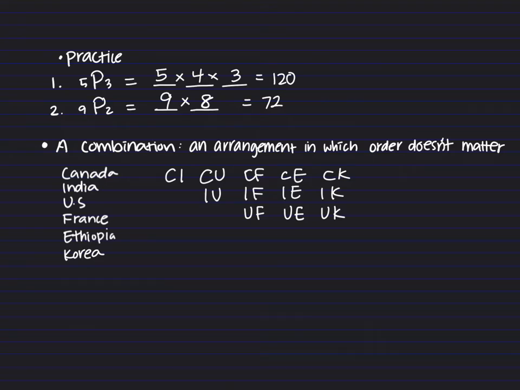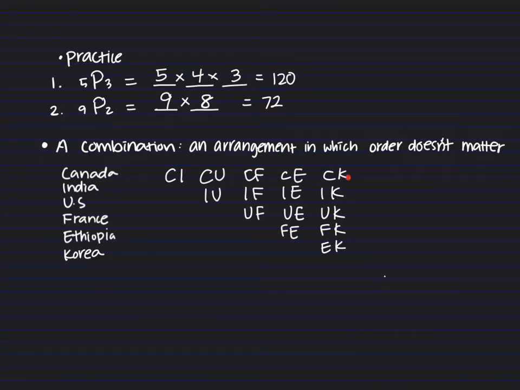And then for France, you're going to have fewer options, which are France and Ethiopia and France and Korea. For Ethiopia, you're going to see less information as well, and you're only going to see Ethiopia with Korea. Now, because all these countries are covered already, for Korea you're not going to have anything else to match up with because Korea is already matched up with Canada, India, US, France, and Ethiopia.